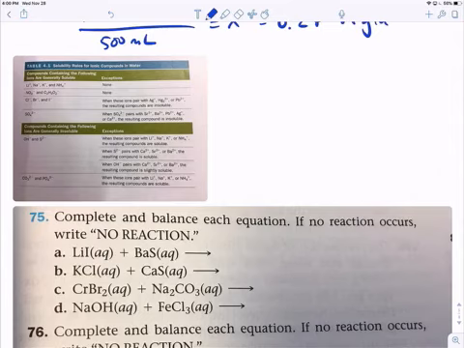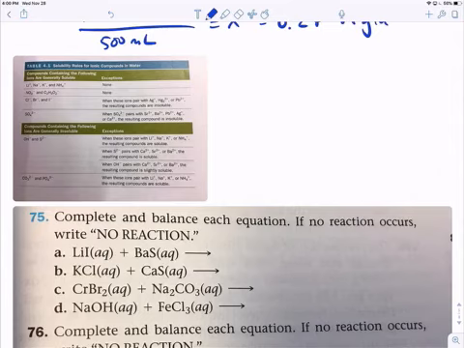Therefore, this one is no reaction. Potassium chloride and calcium sulfide: so it's potassium sulfide, and all potassium salts are soluble. Calcium chloride, chlorides are soluble with the exception of silver, mercury, or lead. Calcium is not silver, mercury, or lead. This one is no reaction.